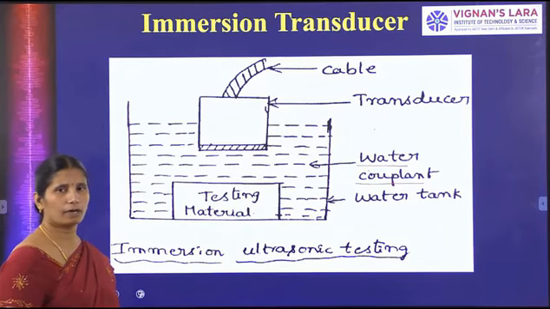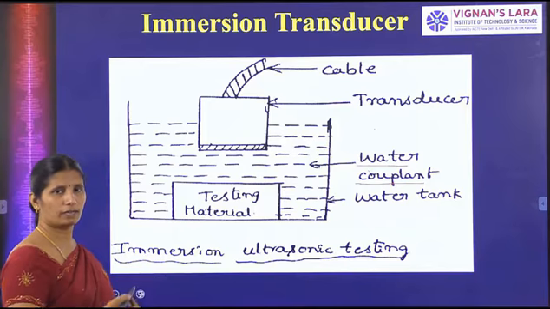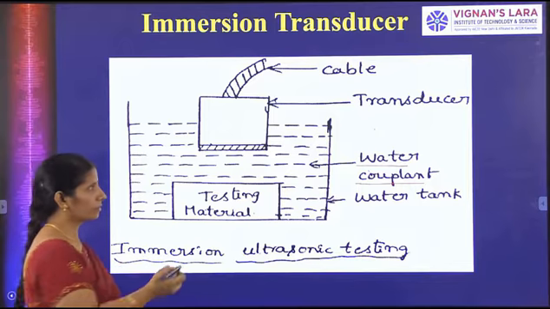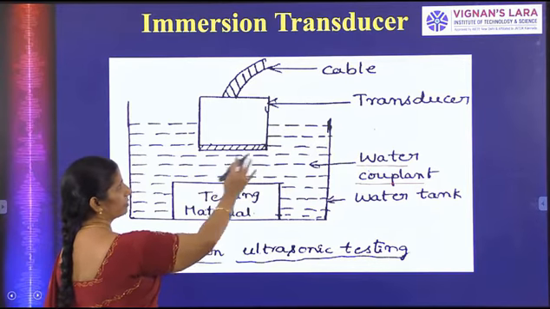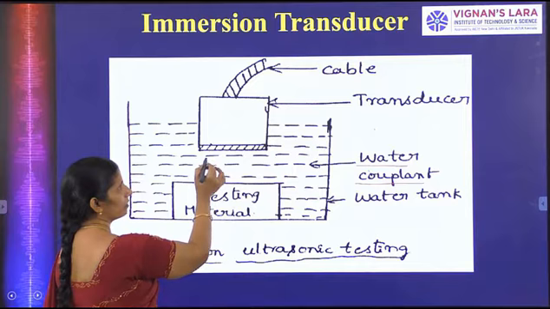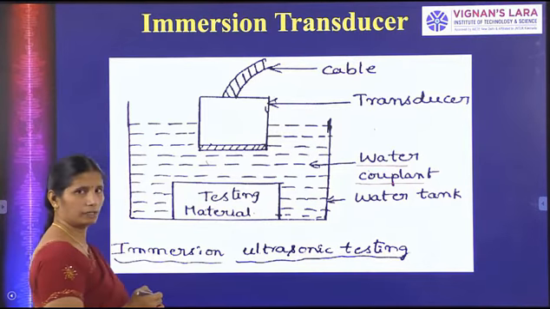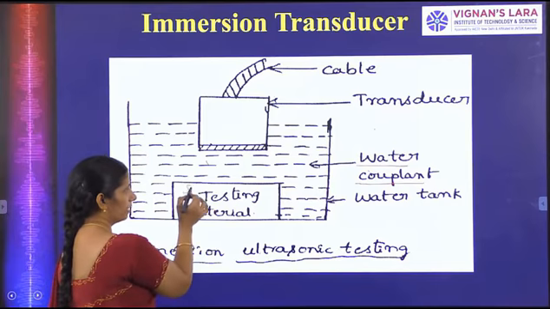If there is no couplant between the transducer and the testing material, the acoustic impedance mismatch will be more between the air and the solid. So if there is no liquid here, the ultrasonic waves will pass from the air medium to the solid medium, whereas the testing material is the solid.